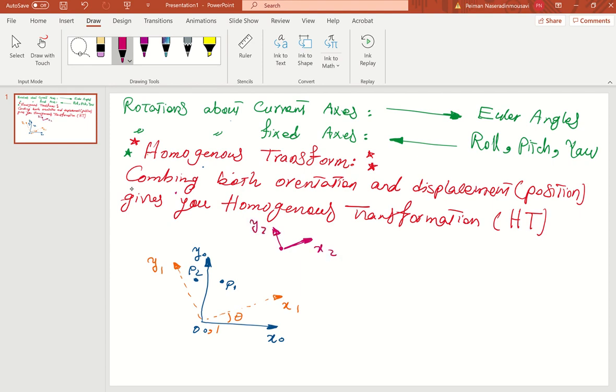So the point P2 is going to be transferred here, and I'm going to name it P3. I only transferred the origin, so O2, X2, Y2. There's no rotation, only translation.